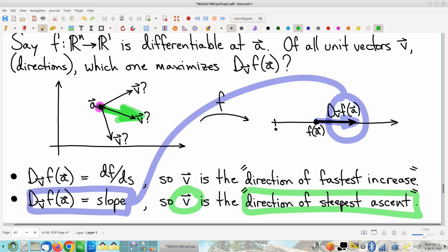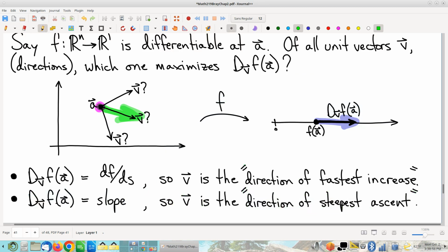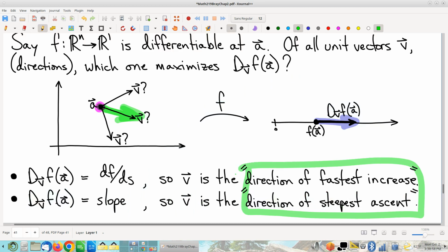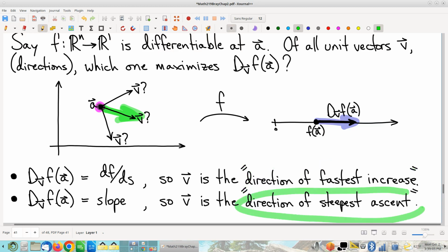So these two terms are both out there. They both have their place. Direction of fastest increase, and direction of steepest ascent. Cultural point for y'all: the most common term is direction of steepest ascent. You're going to hear that a lot, outside of my lectures anyway. Here's the problem with it. Direction of steepest ascent comes from the idea that directional derivatives give you slopes, but wait a minute, they only give you slopes if you're looking at a graph.